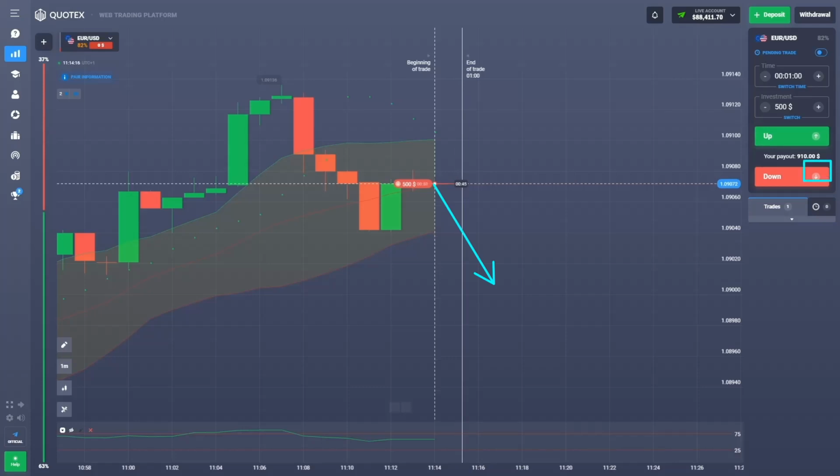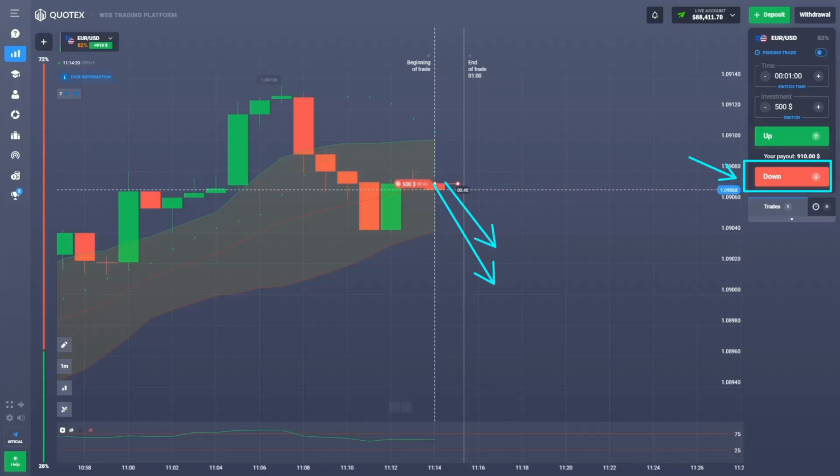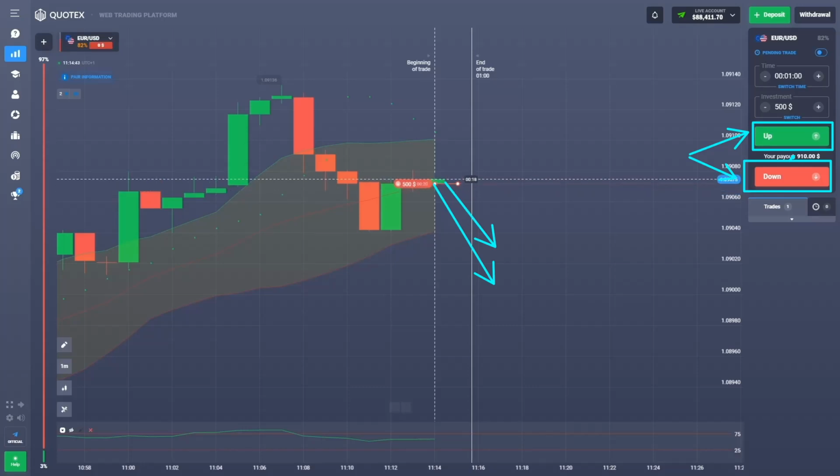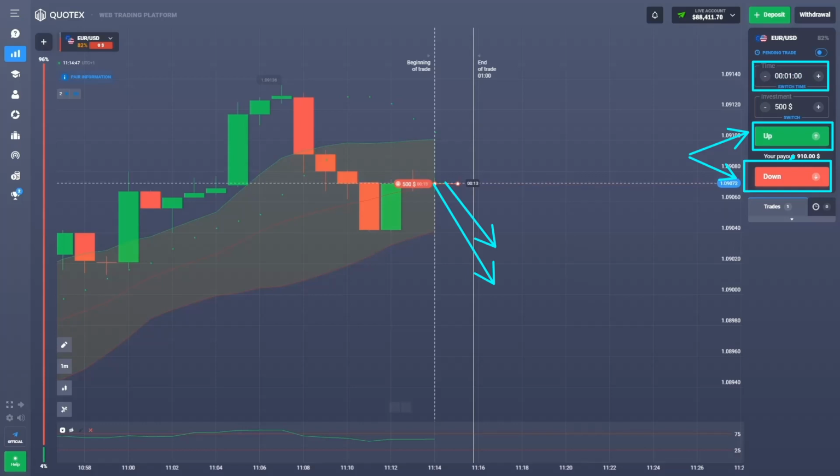By clicking down, I'm predicting that the market is going down, and if I think that the market is going up, I would open a long position, or I would click up. And if my prediction is right, I'm making this amount of money. You can use other expiration times, like 5 minutes.